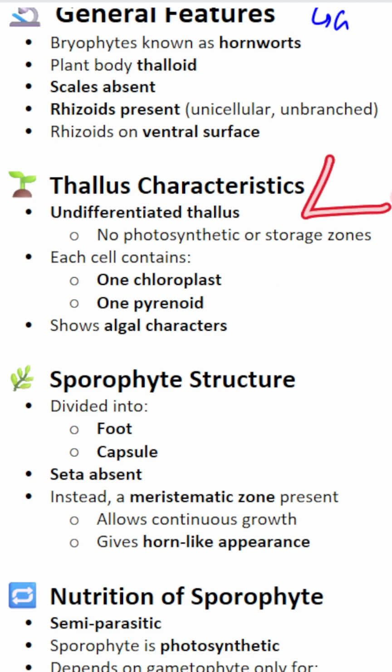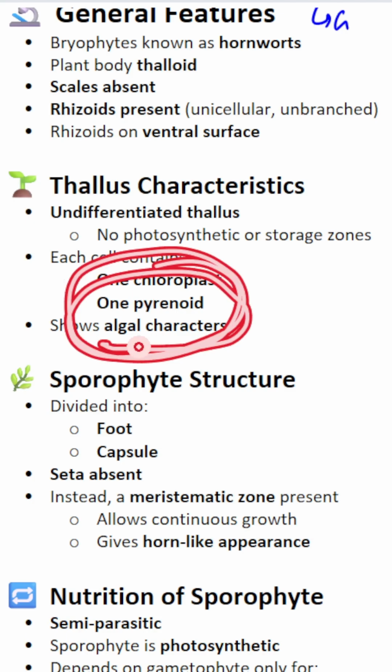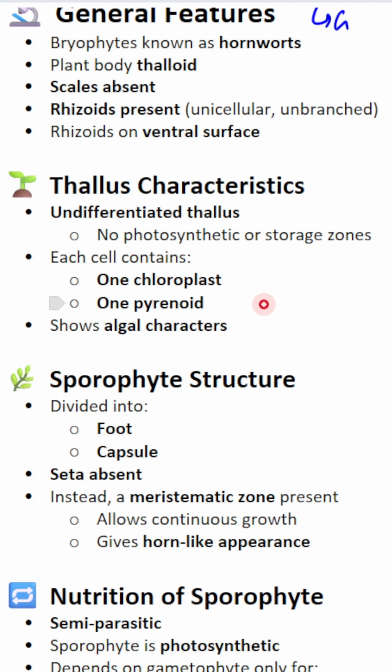Each cell contains a chloroplast and one pyrenoid. Pyrenoids are reserve food materials present inside the chloroplast; normally a pyrenoid has protein at the center surrounded by starch, and helps in storage. This is a vital feature because it shows algal character, as pyrenoids are found in algae.